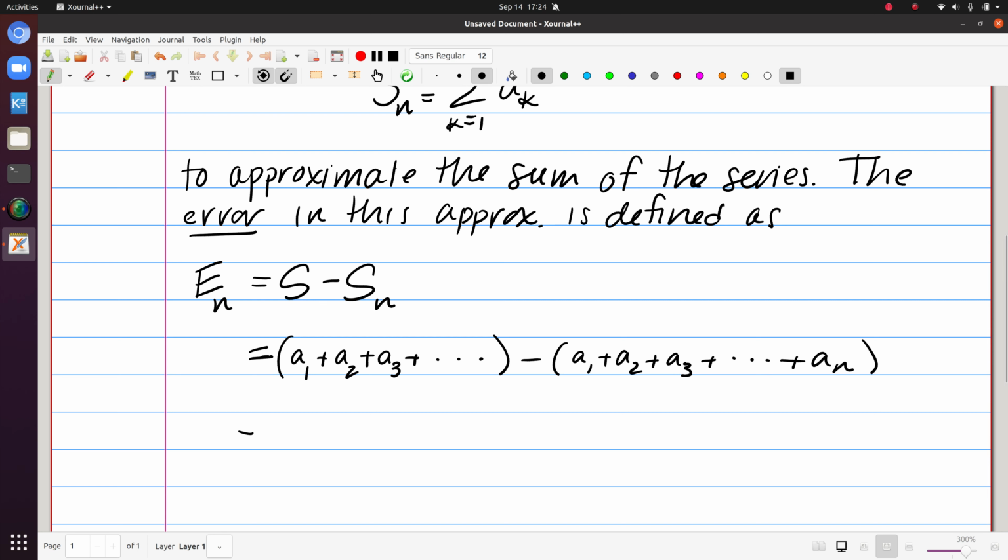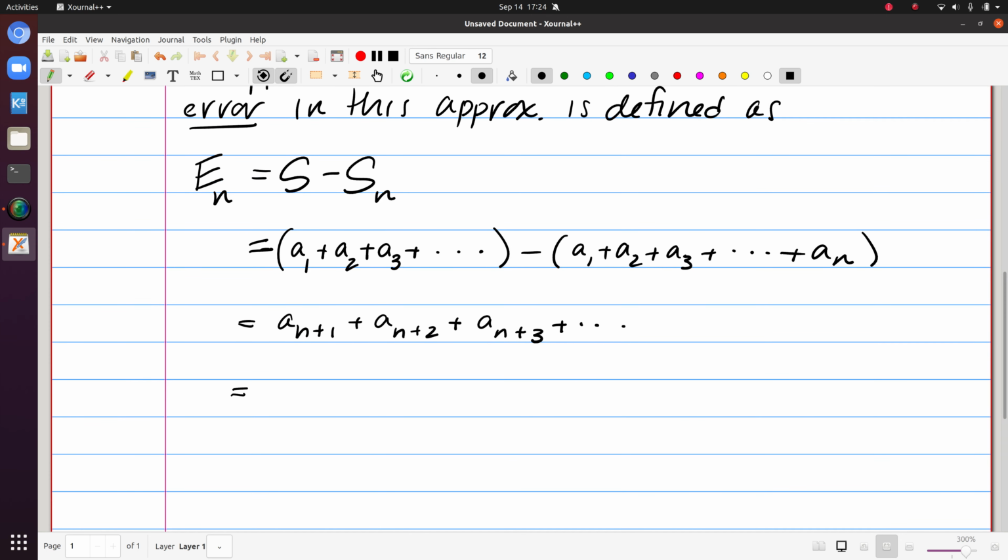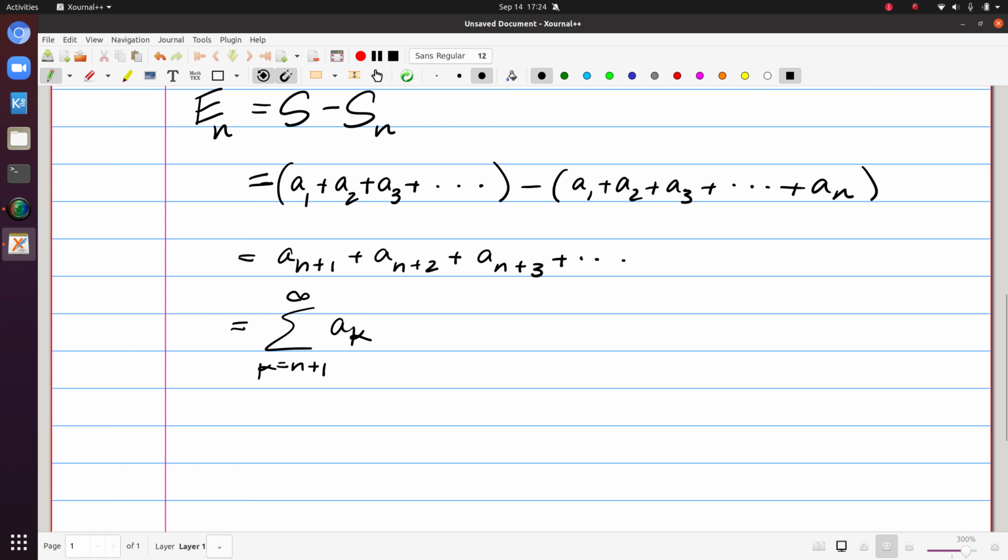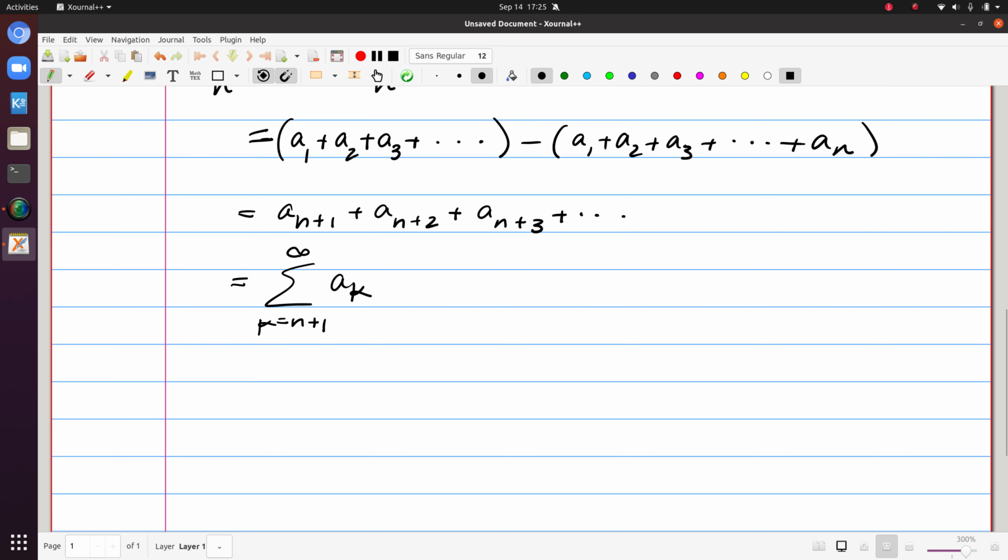By taking the difference, I'm left with what's left, and that would be a sub n plus 1 plus a sub n plus 2 plus a sub n plus 3, etc. I could express that in sigma notation as the sum from k equals n plus 1 to infinity of a sub k. So that now is a formula for the error in using the nth partial sum to approximate the sum.